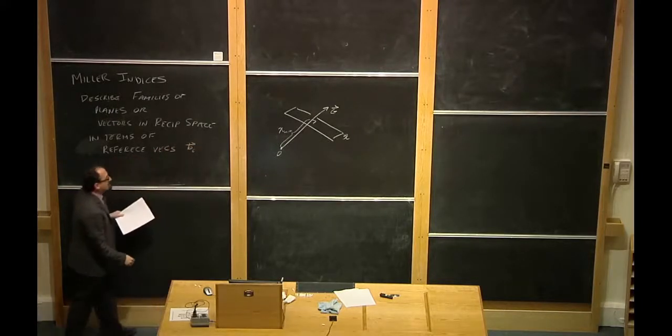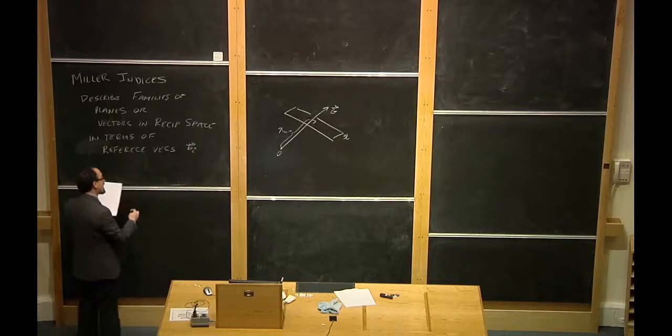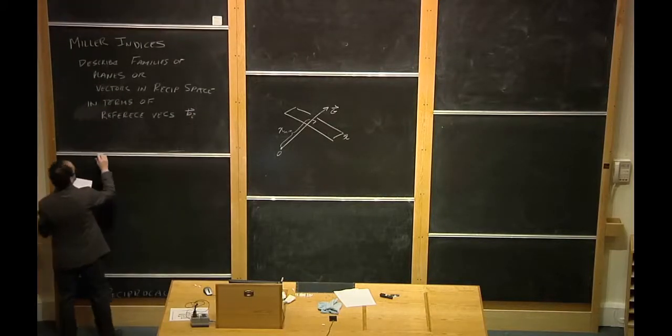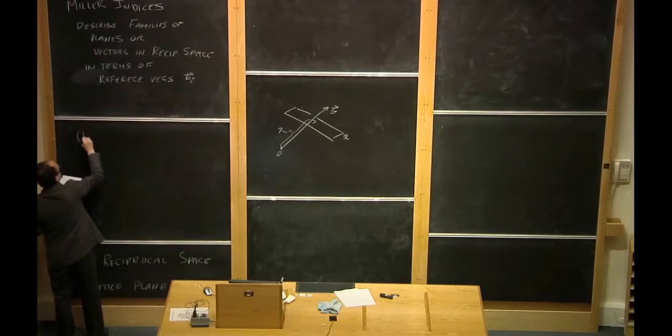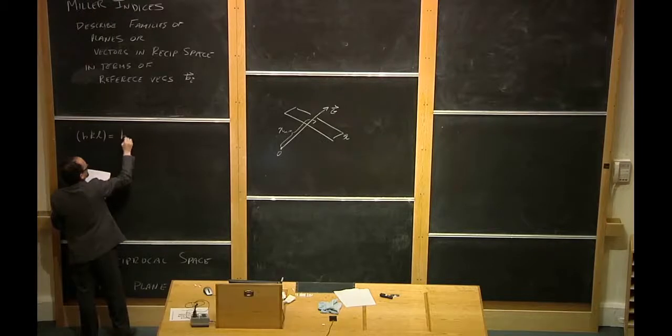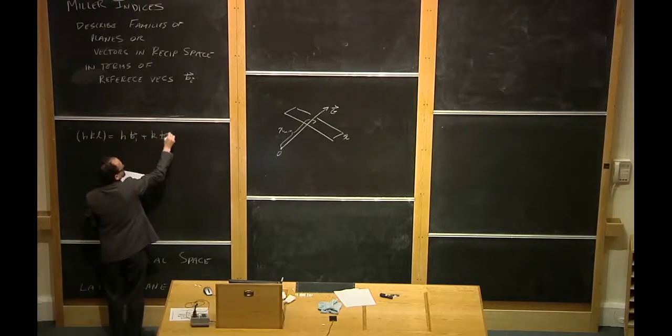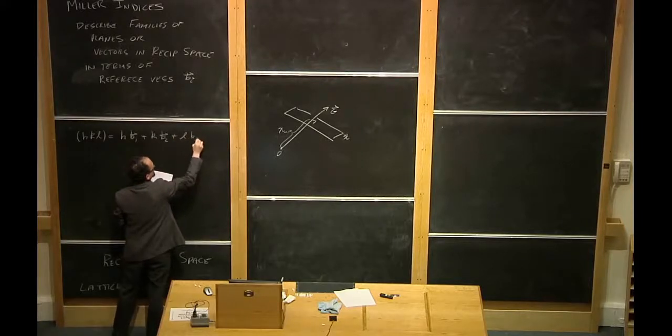These b sub i's, very important, may be primitive reciprocal lattice vectors, or they may not be. Generally, what we do is write HKL in parentheses to mean H times B1 plus K times B2 plus L times B3.